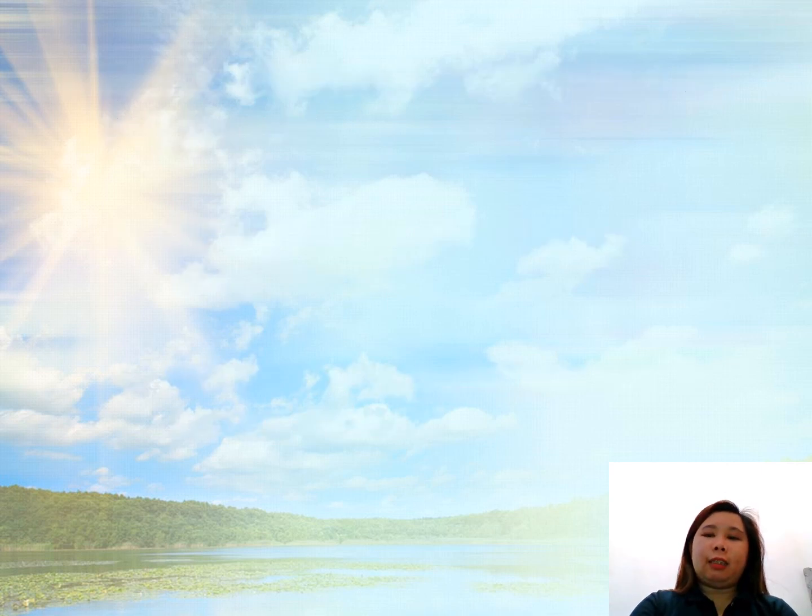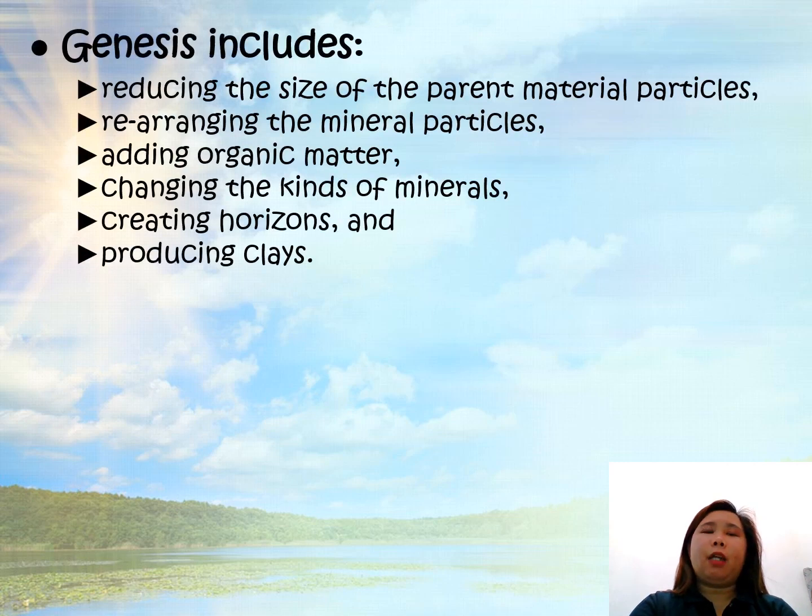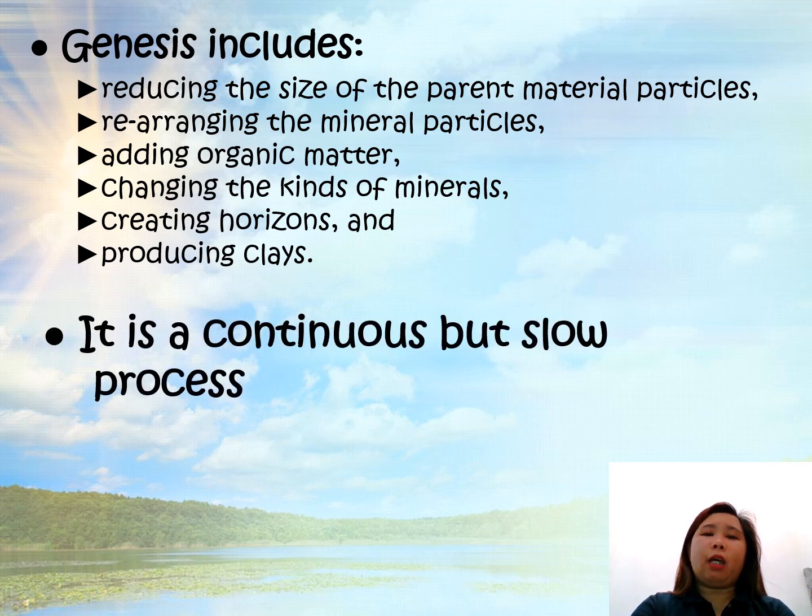Soil genesis includes the following: reducing the size of the parent material particles, rearranging the mineral particles, adding organic matter, changing the kinds of minerals, creating horizons, and producing clays. This is a continuous but very slow process; in fact, it will take thousands or billions of years to develop at least 1 centimeter of soil.